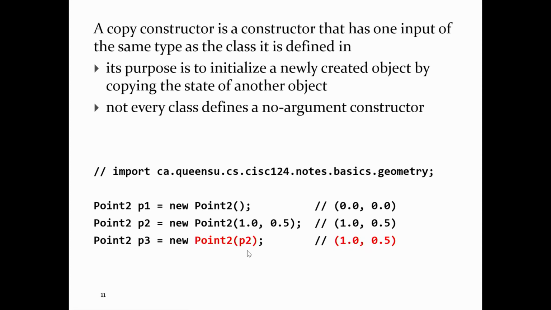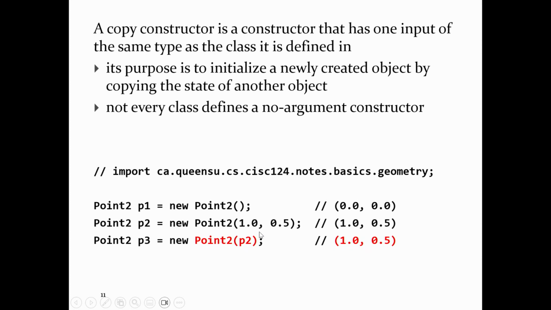Here in this example, P2 is a variable whose type is Point2. This particular constructor takes a reference to a Point2 object and makes a copy of the passed in object.